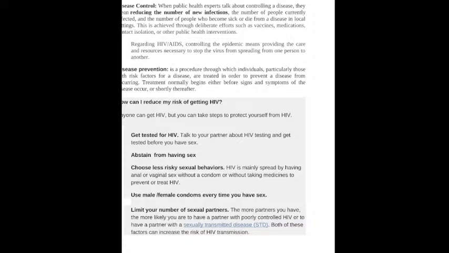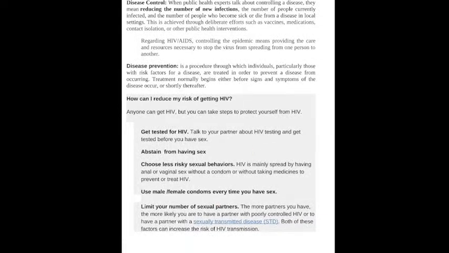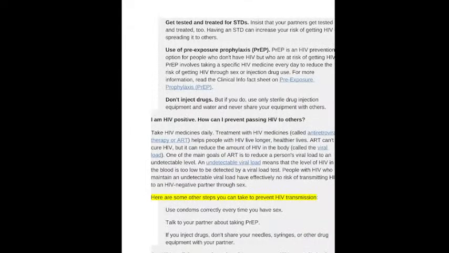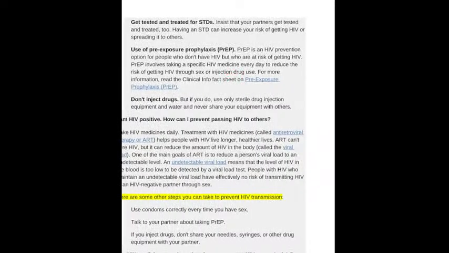Of course, you know that when people get involved with multiple sexual partners, they increase the chances of contracting other sexually transmitted diseases. The other point is getting tested and treated for sexually transmitted diseases.